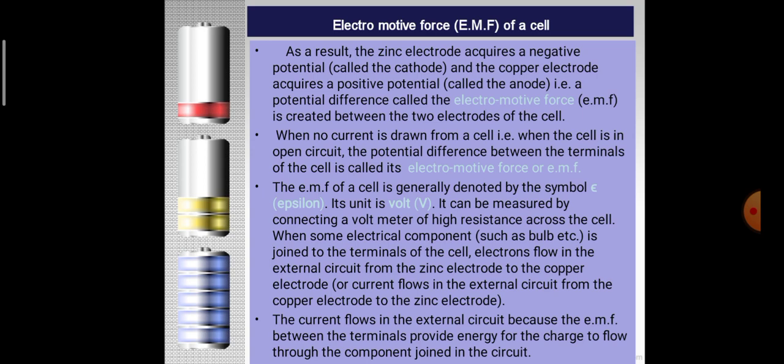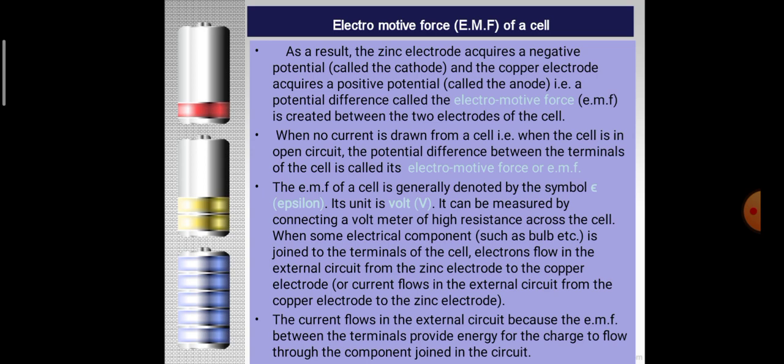When no current is drawn from a cell, that is, when the cell is in open circuit, the potential difference between the terminals of the cell is called its electromotive force or EMF. The EMF of a cell is generally denoted by the symbol epsilon. Its unit is volt. It can be measured by connecting a voltmeter of high resistance across the cell.